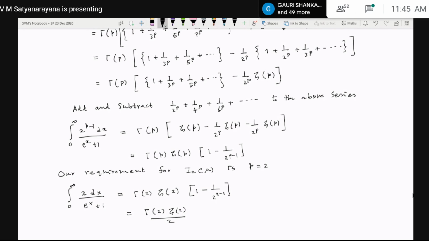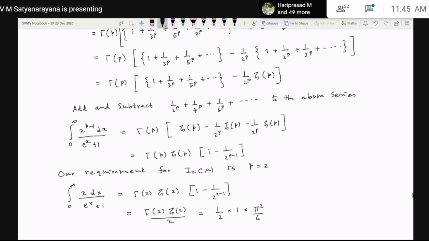Now gamma of 2 is 1 factorial, that is 1, and zeta of 2, I do not know if you have ever evaluated that in your Fourier series class, is given by pi square by 6.